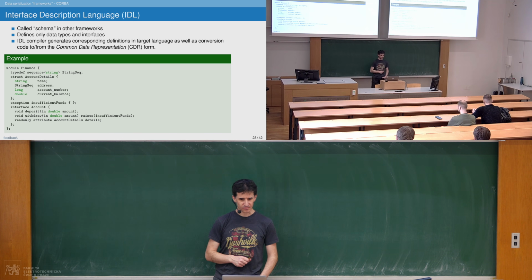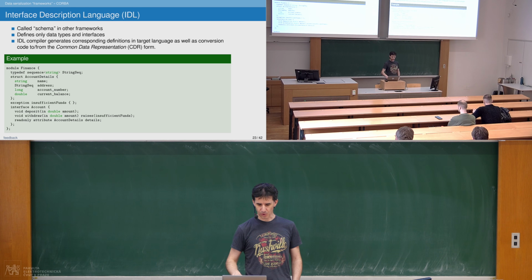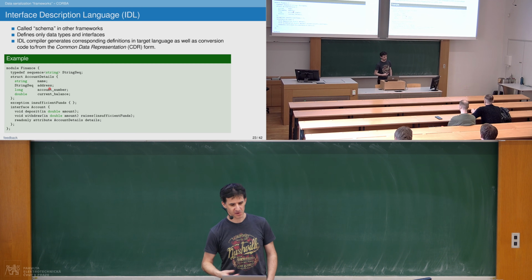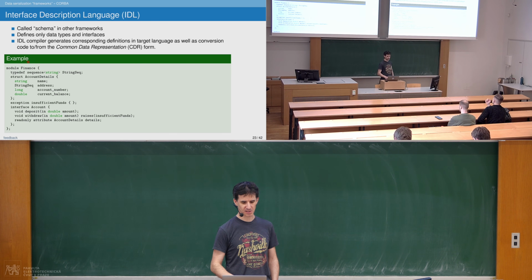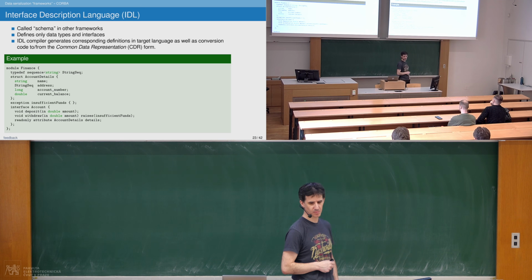For example, in Corba, if you want to communicate some information about accounts, you define your data structures in this interface description language. It could look like this. You can see there is a structure. It has some string, long, double values, or whatever. It looks like a structure in C or similar.